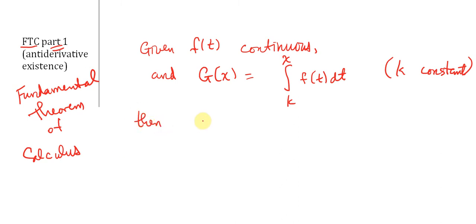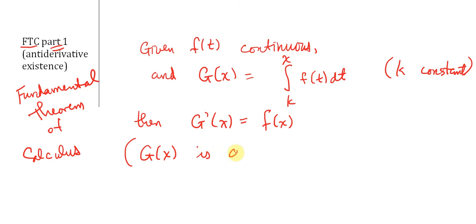Then the derivative of G is exactly equal to f of x. In other words, the derivative of the area function is equal to the function of the curve. Another way we can say this is that G of x is the antiderivative of f of x, or f of t.